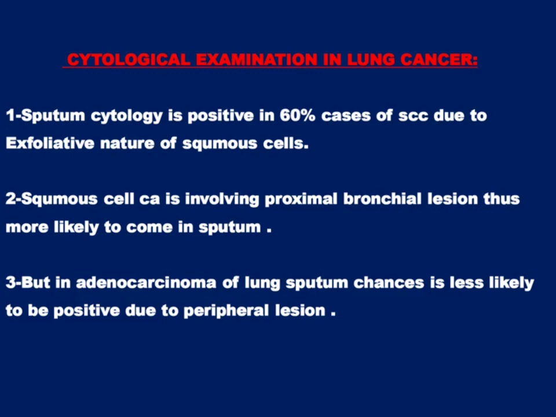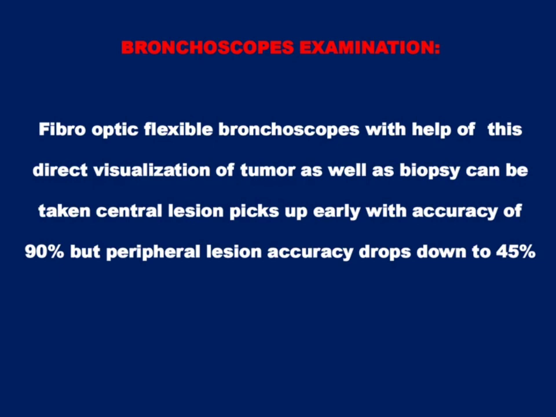So till now you have gone through the depth of the overall general view of lung cancer, presentation, types of lung cancer and histologically how it behaves. So I'll now be switching over to investigation of lung cancer. What are the investigations we require to do?